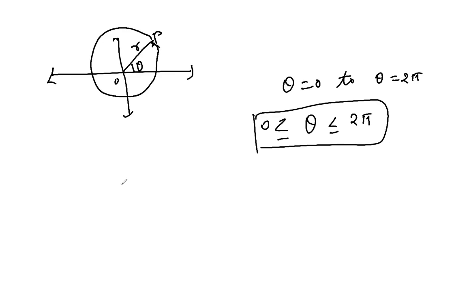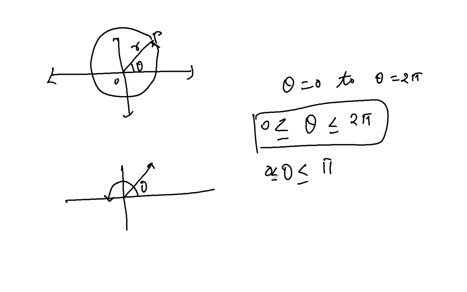Another way is, instead of taking this complete circle, you can take two semicircles. So this goes from 0 to pi. So theta can go from 0 to pi, and then going in the other direction, it will be from minus pi to pi.